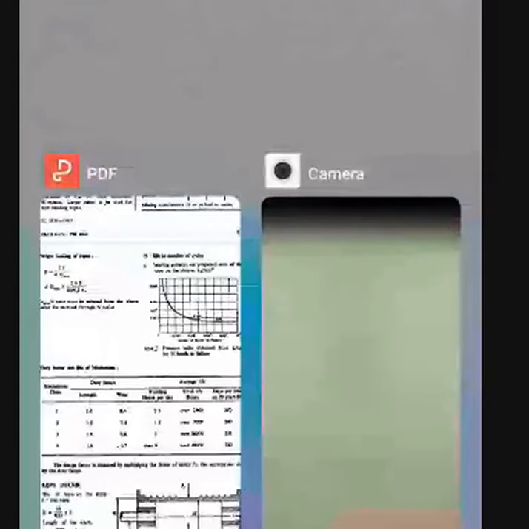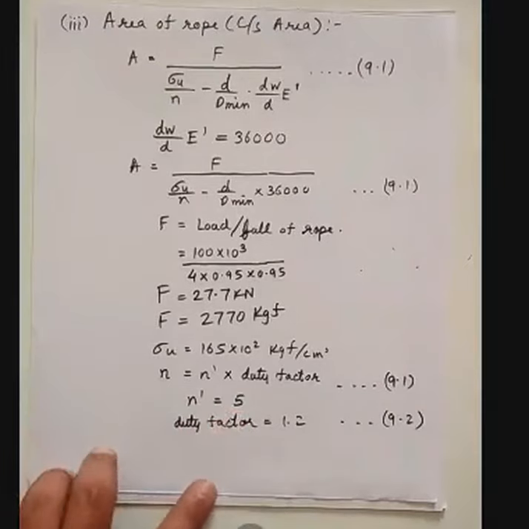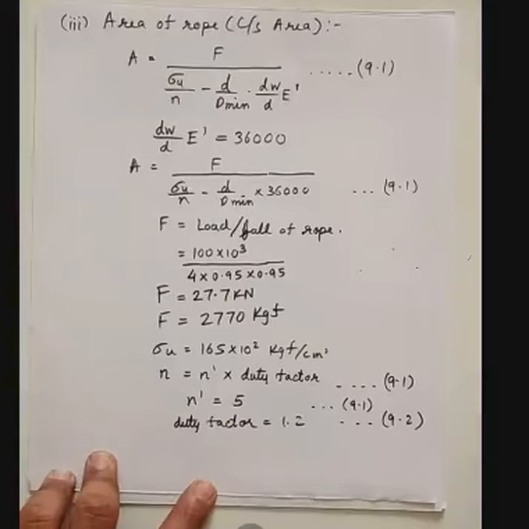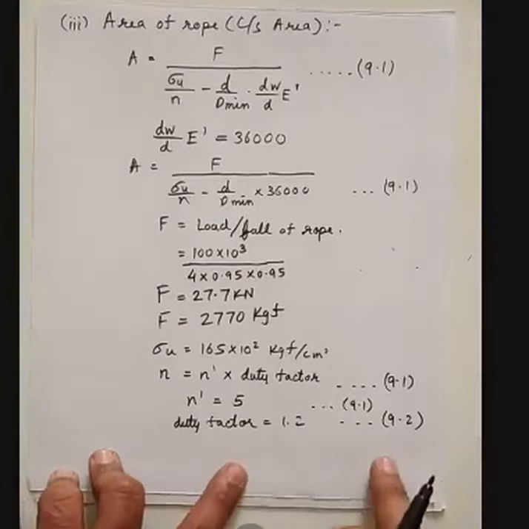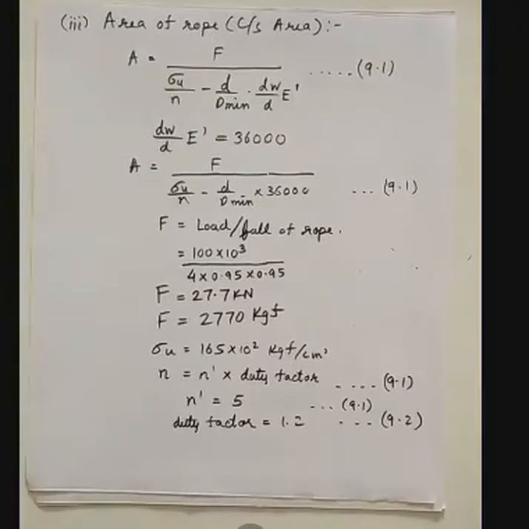So coming back to the screen, I have written factor as 5 from PSG 9.1 using the table of application and class, and duty factor from 9.2, again using the class and strength factor.